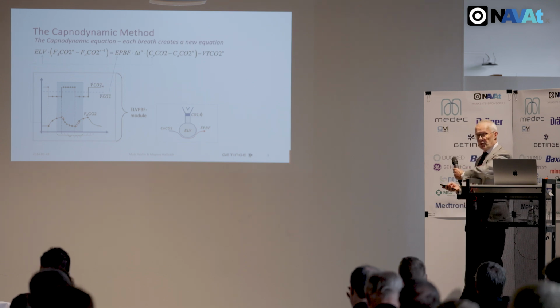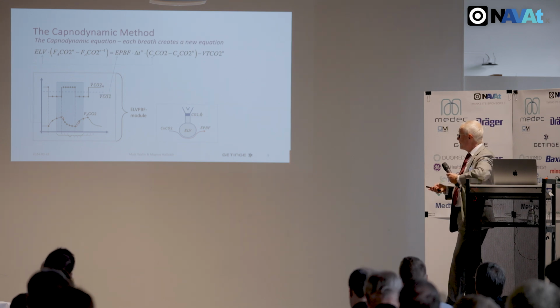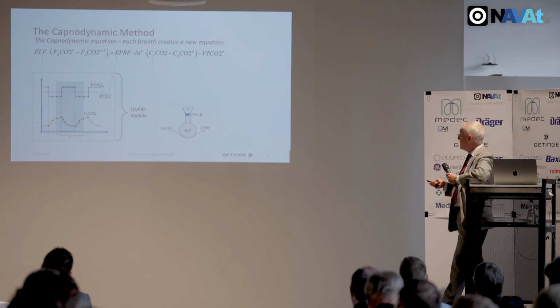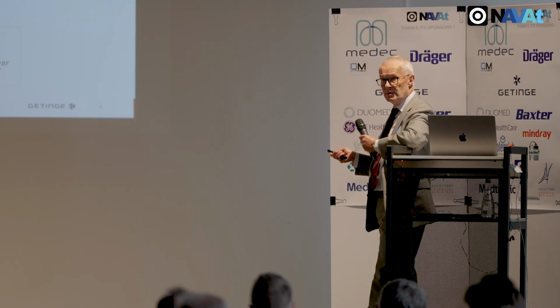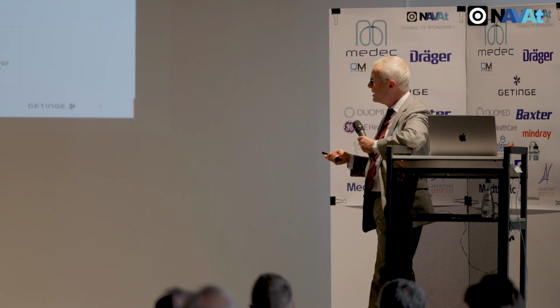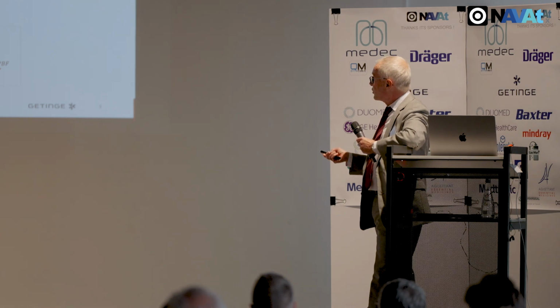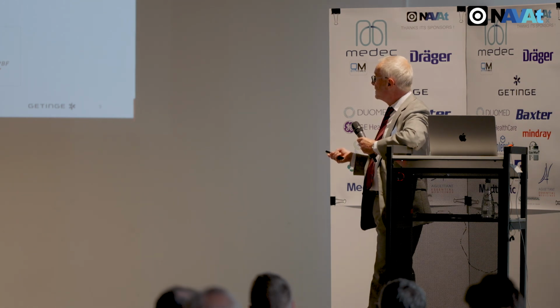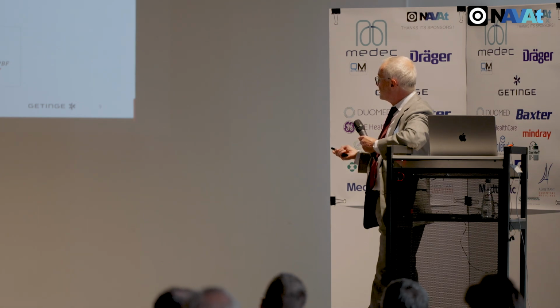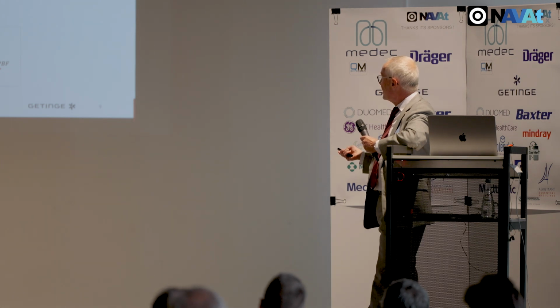This gives us the possibility to create the capnodynamic equation, which describes the mole balance across the lung. On the left side, we have the content in the lung and the difference in the content between two breaths. During the same time, we have the supply of carbon dioxide from the blood into the lung, and then the elimination from the current breath.